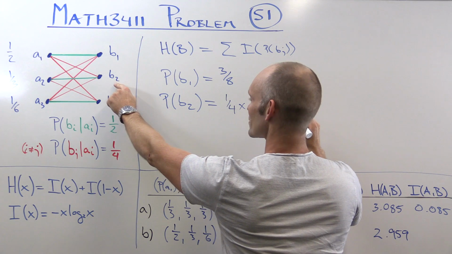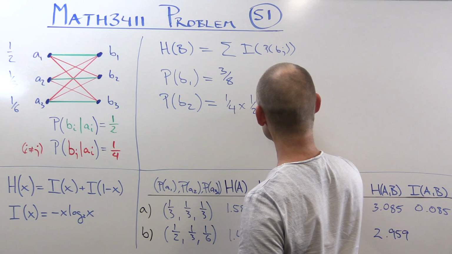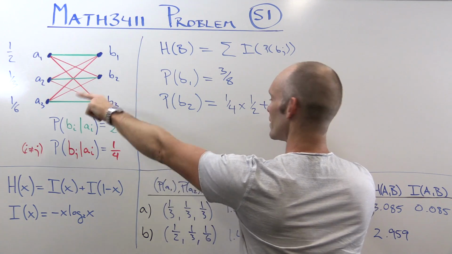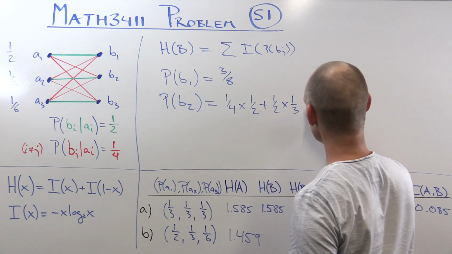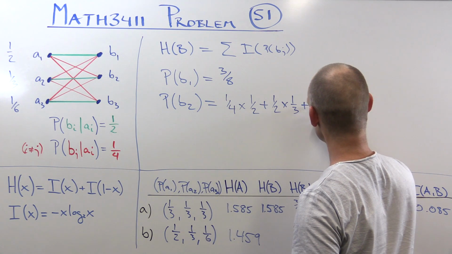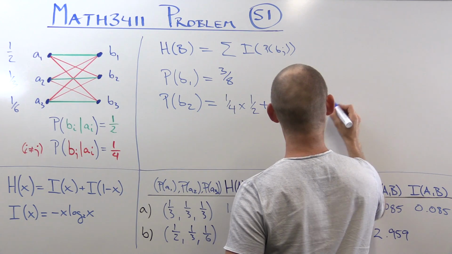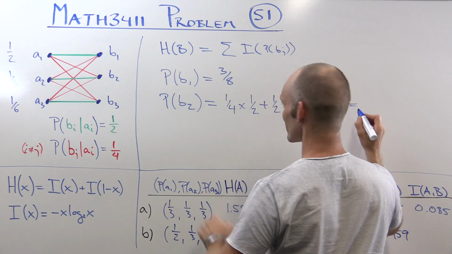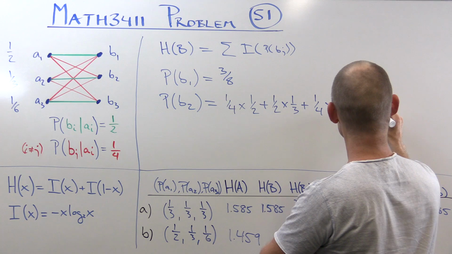The next is to look at A2. So we have a half chance of getting from A2 to B2 and a third chance to send A2 in the first place. And then we have a quarter probability of getting from A3 to B2, and there's a sixth probability that we sent A3 in the first place, and that gives you a third.